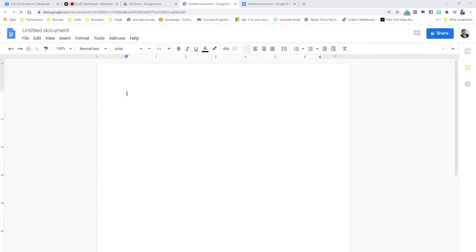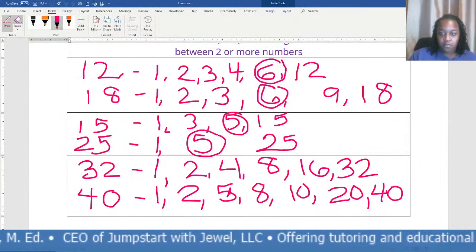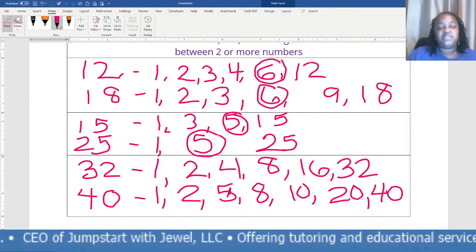Let me fix it here. Let's see if it'll let me write it here. It may not. The system just slowed down. Something's going on with my internet. It's storming here in North Carolina. Let me make sure it's back up. It's still not responding.